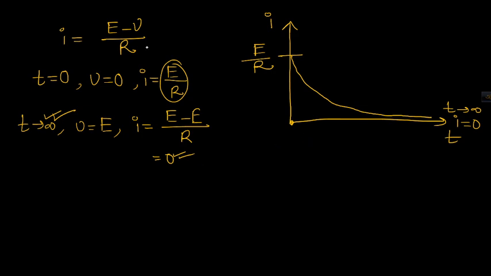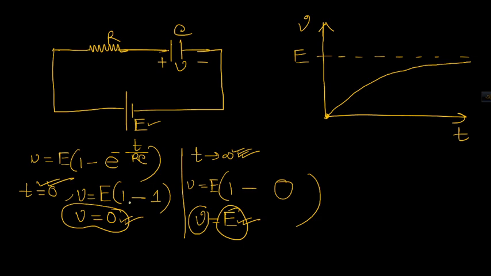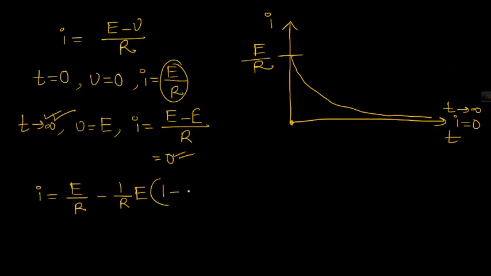If I want to write the equation here, we can write I is equal to E by R minus 1 by R times V. Now put the equation of V here: E times (1 minus e to the power minus t by RC).